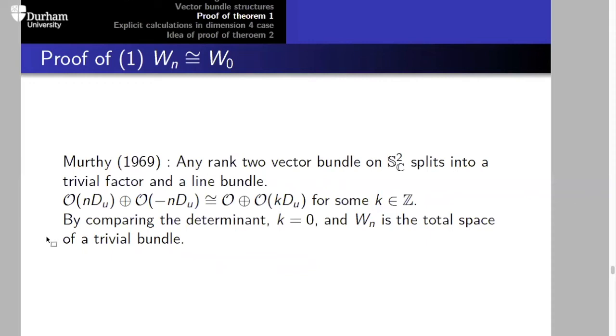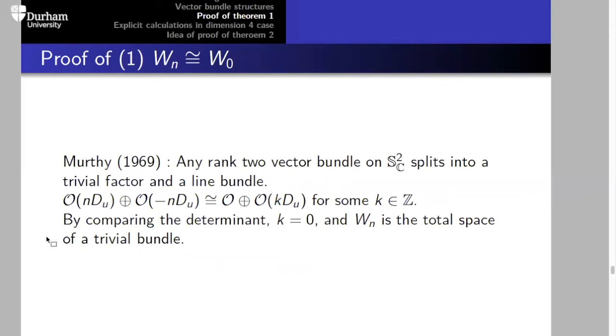And what Murthy says is that it is isomorphic to a trivial line bundle O plus another line bundle, O(k du) for some k. But now I can look at the determinant on both sides. The determinant on the left is 0, because n minus n is 0. And that means that k has to be 0, and the bundle is trivial.